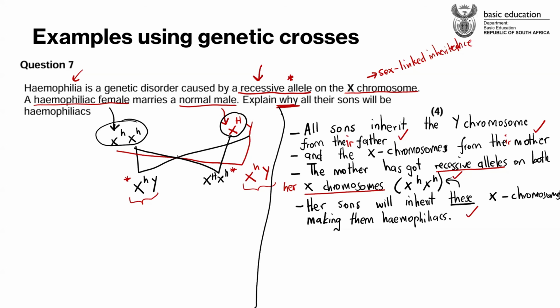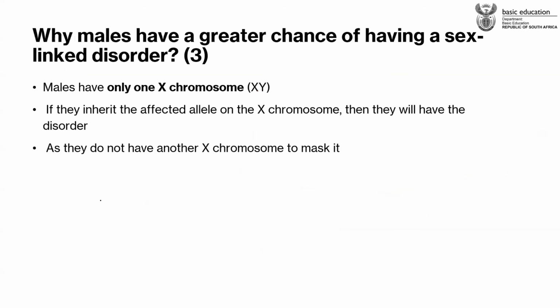All of them are going to be heterozygous. In this case, our heterozygous is a normal female, but they are carriers. They will be carriers because they are inheriting an allele with a recessive from the mother. That's why they will be carriers, but they will not be affected. You explain all of that, guys.